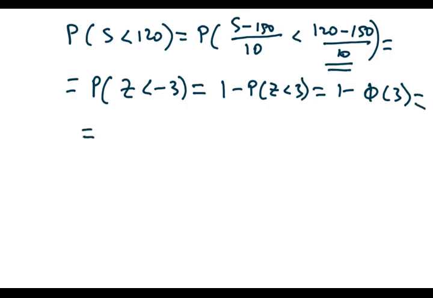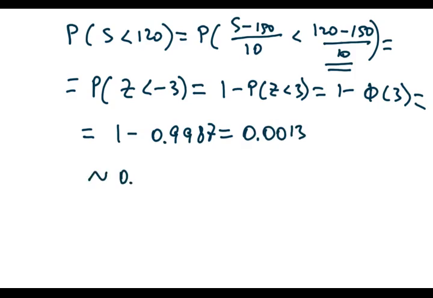Phi of 3 is 0.9987, and finally the probability that S is less than 120 is 0.0013, roughly 0.1%. There is roughly a 0.1% chance that 100 customers will be served within 2 hours.